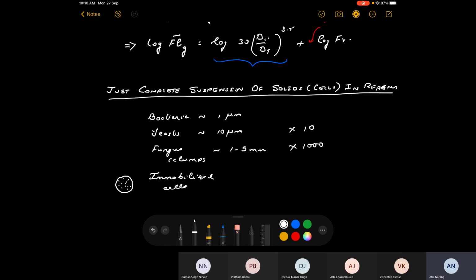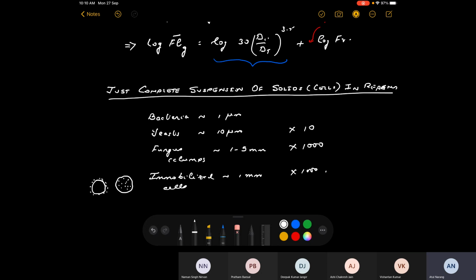They are embedded either inside a particle or sometimes on top of a particle. So the cells are basically rendered stationary or immobile on a solid substrate. And these are also, I'm guessing here, number is not given, but on the order of 1 millimeter.